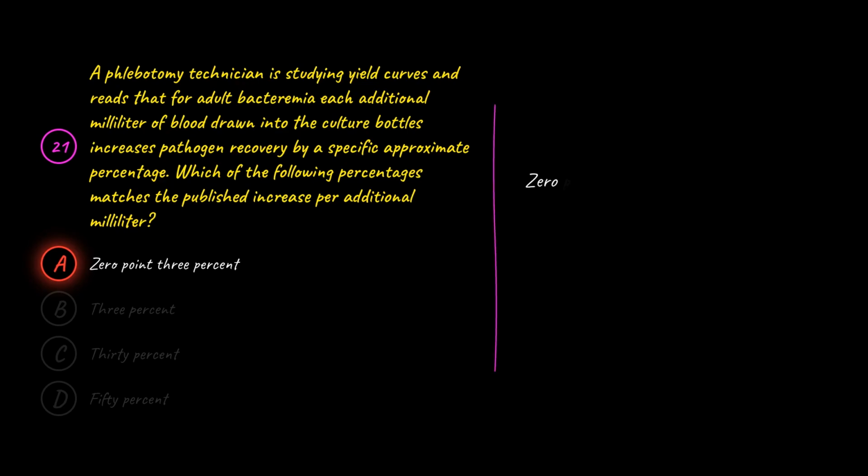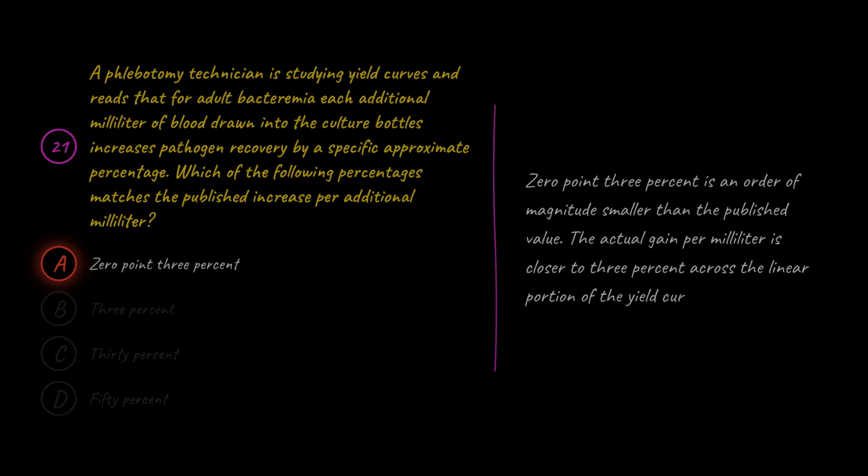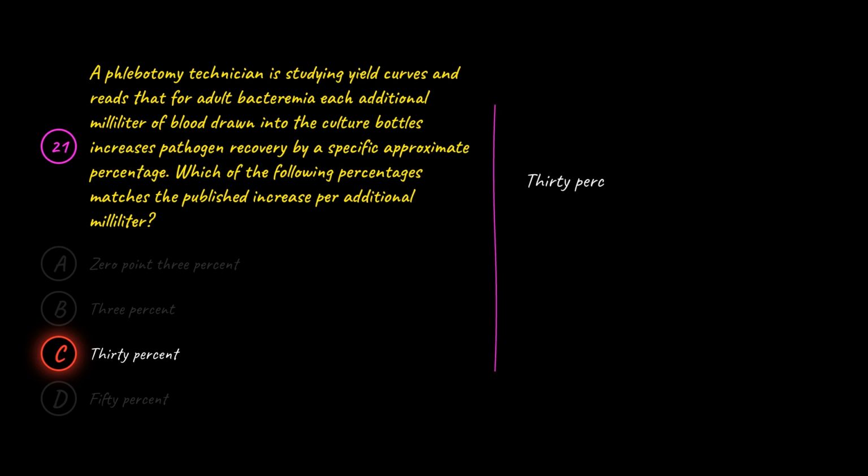A is wrong because 0.3% is an order of magnitude smaller than the published value. The actual gain per milliliter is closer to 3% across the linear portion of the yield curve. C is wrong because 30% overstates the per milliliter gain by an order of magnitude.